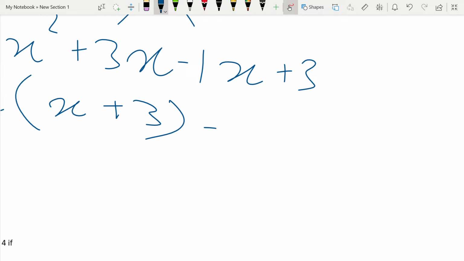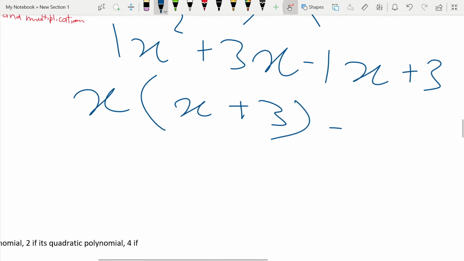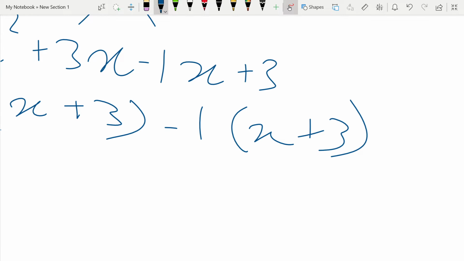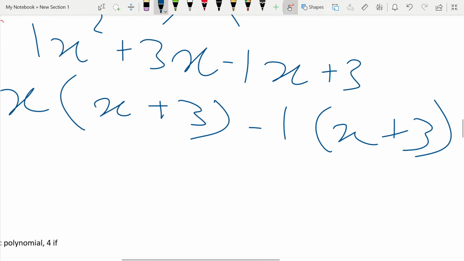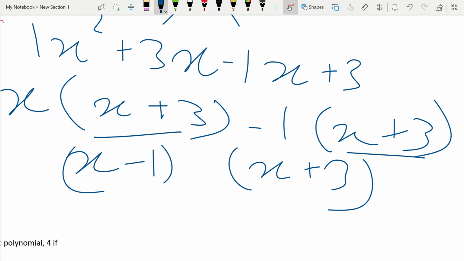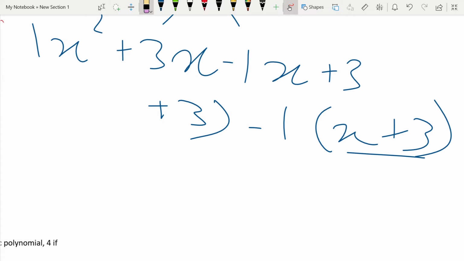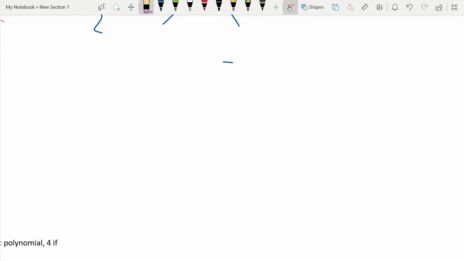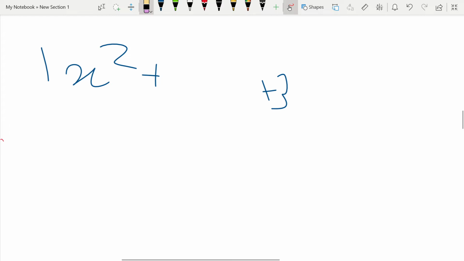We've got nothing common really. So what are we going to write? 1. And then we've got x plus 3 in the brackets again. So what are our two factors? x minus 1 in one bracket and x plus 3 because we took common over here. Okay, hope you got that.